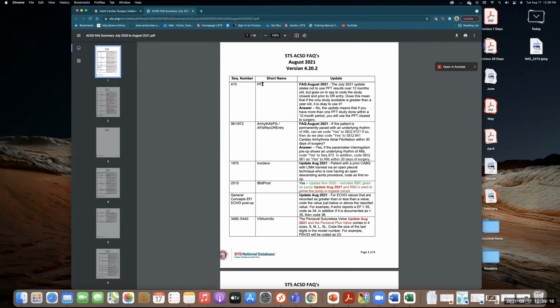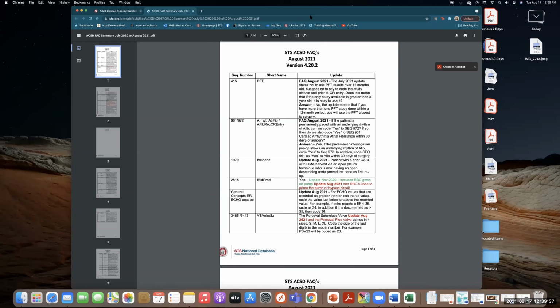You can easily just search the short name, and you can see all the changes that were made to that variable, or not changes, but all of the clarifications that were made to that variable throughout the life of the version. So kind of helpful in that way. But this is the document we're talking about, and I'm excited that Chastity is going to be able to provide this for you all. So I'm going to stop there.